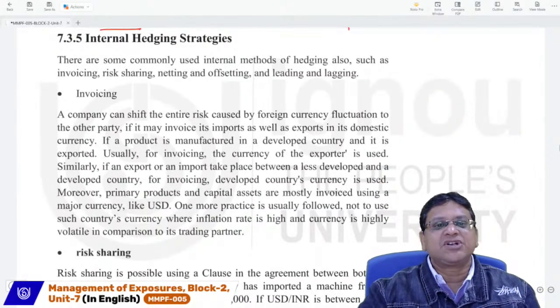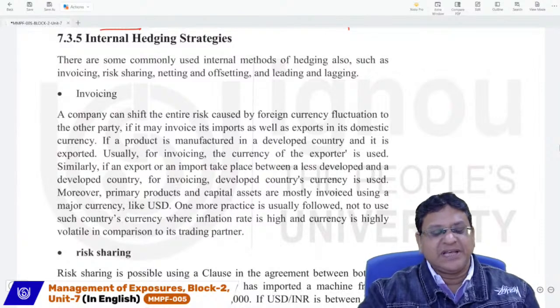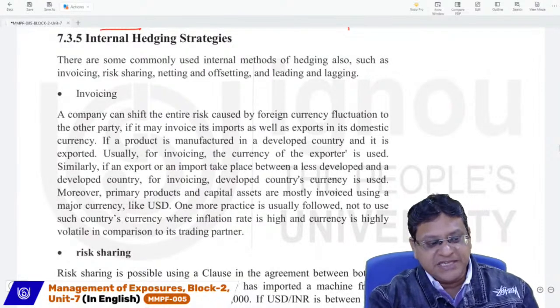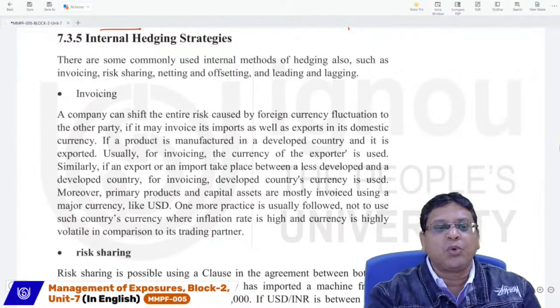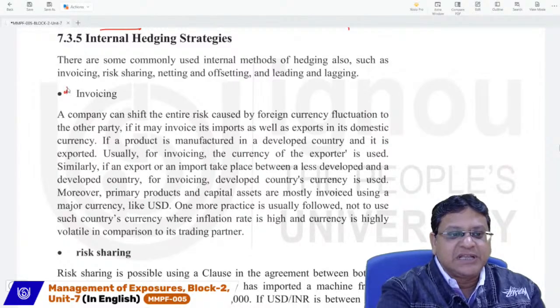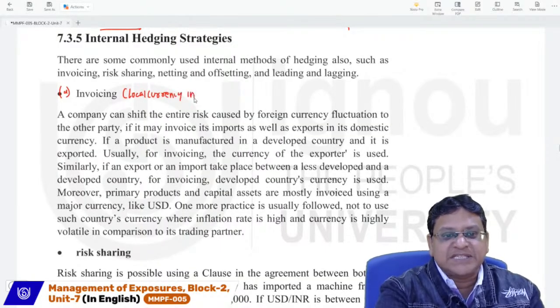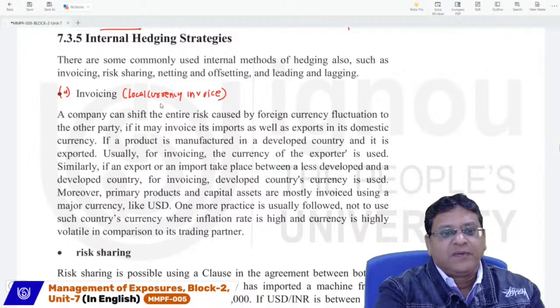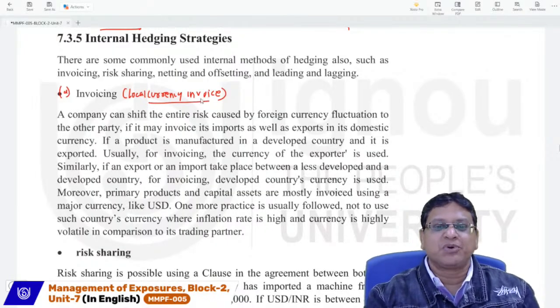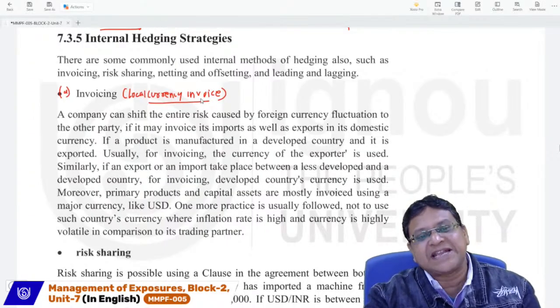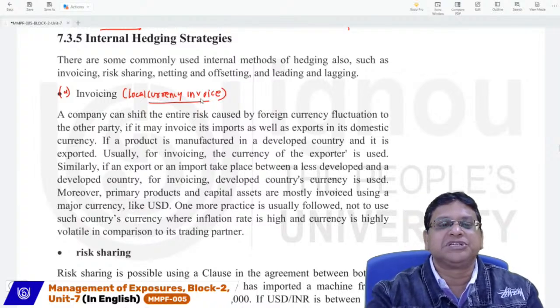Next one is internal hedging strategy. There are two types of strategy: external hedging and internal hedging. Internal hedging strategy, there are 4 points. One is invoicing. What is invoicing? This is local currency invoicing. If you invoice your imports or exports in your own currency, then you transfer the entire amount of risk to the opposite party.